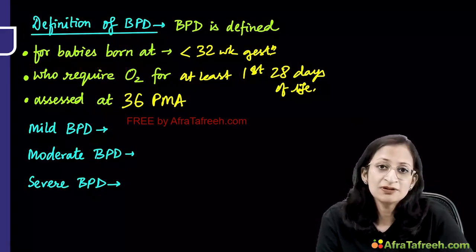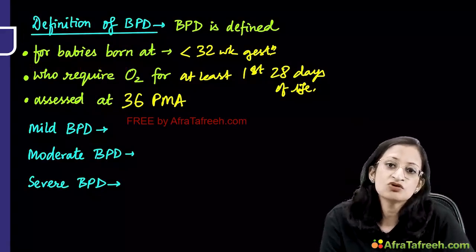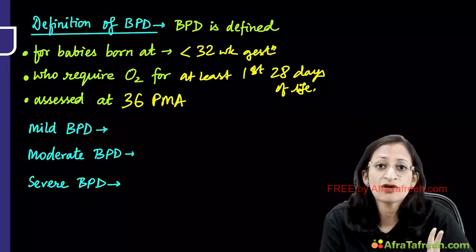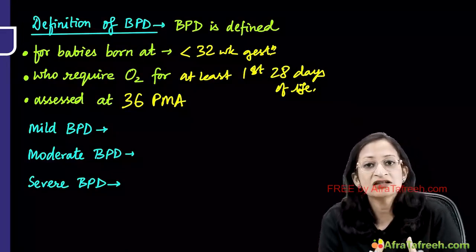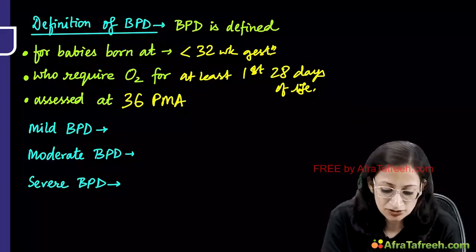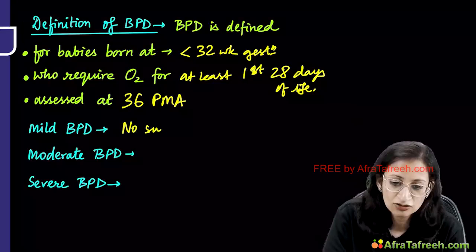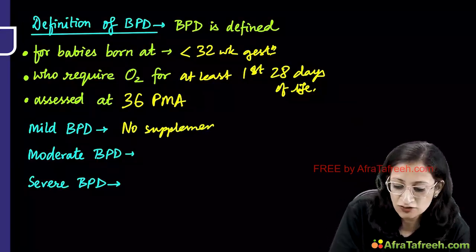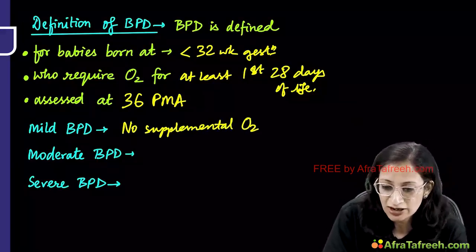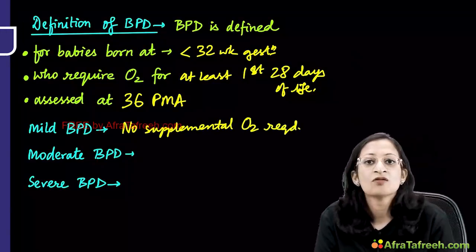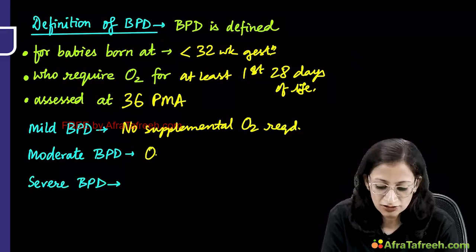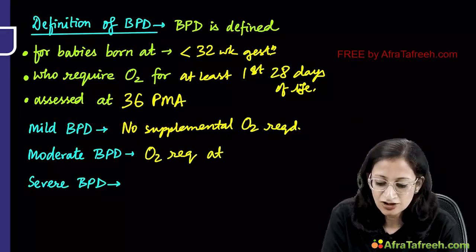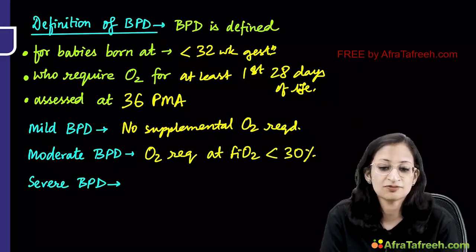Now, mild BPD. Mild BPD means a baby who was born at less than 32 weeks gestation and required oxygen therapy for at least the first 28 days of life, but now at 36 weeks of postmenstrual age, no supplemental oxygen is required. Moderate BPD, if at 36 weeks postmenstrual age oxygen is still required at FiO2 less than 30%, fractional inspiratory oxygen less than 30%.